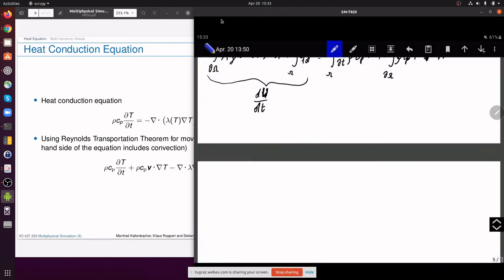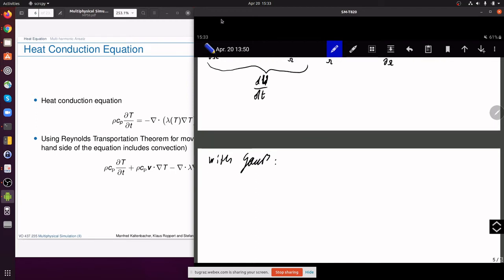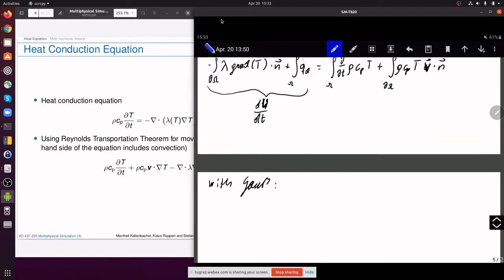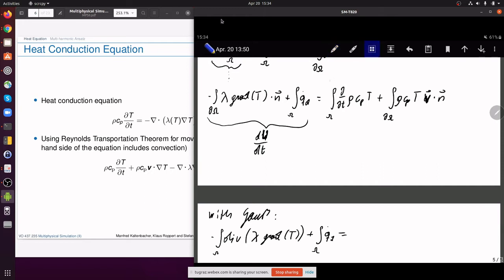Okay, so we can use Gauss's law and rewrite this boundary term as minus the integral of the divergence of lambda gradient T, plus the volumetric heat sources, and we can copy the right hand side.